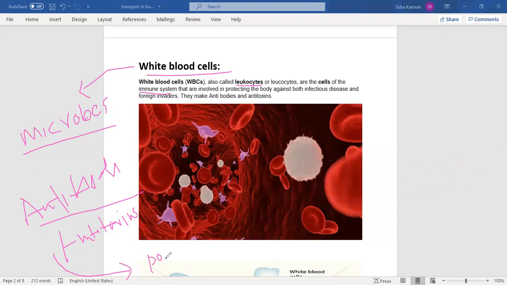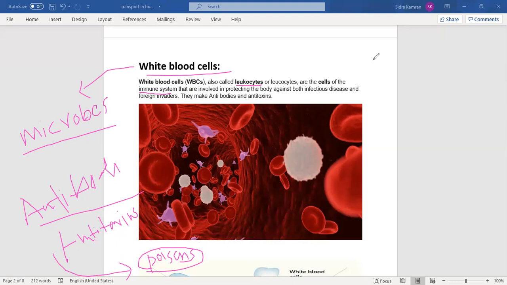If there are poisonous substances produced by the microorganism, then these antitoxins destroy these poisonous substances, because microorganisms produce some kind of toxins. These toxins can affect us and cause diseases. So these antitoxins destroy those poisons and antibodies destroy the microorganism.